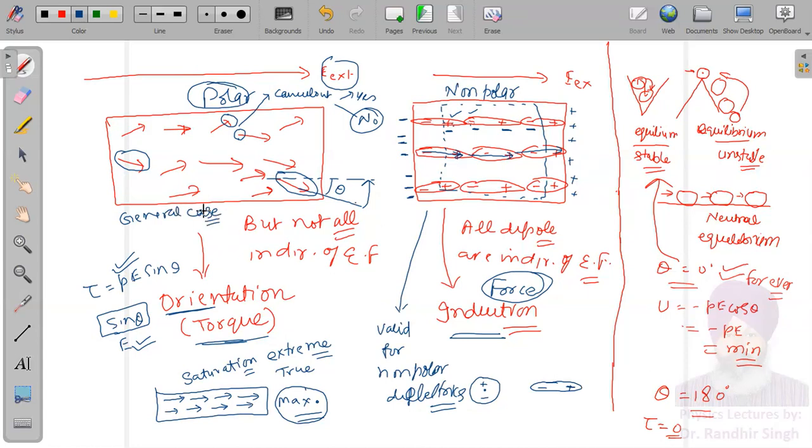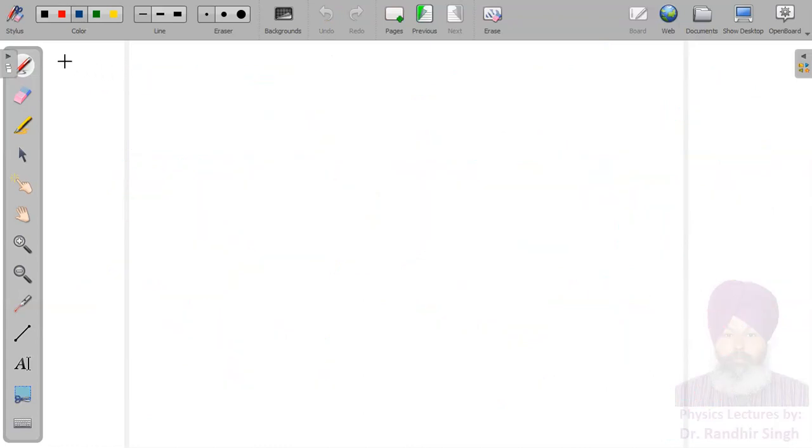So in general, when a dielectric is placed between the plates of a capacitor, and it is not non-polar, let us say it is a mixture of polar as well as non-polar, then what happens? Let me add a new page. Then what happens when heterogeneous dielectric is placed in an external electric field?